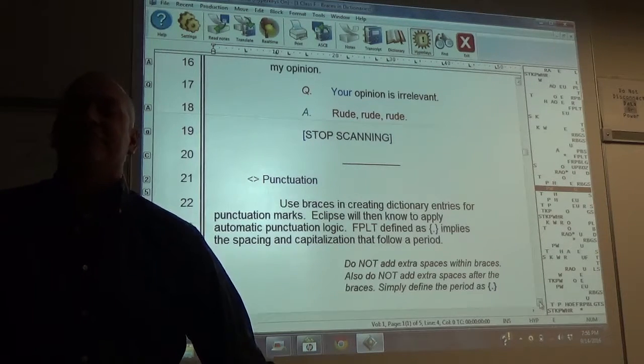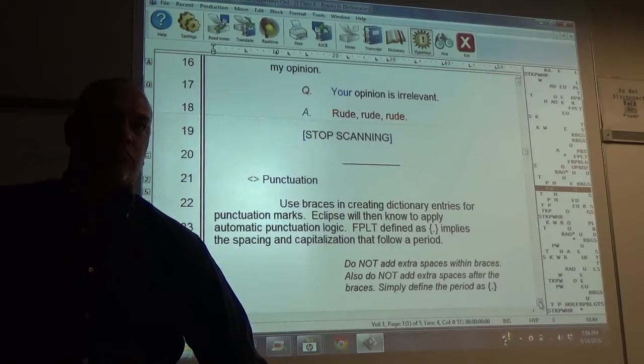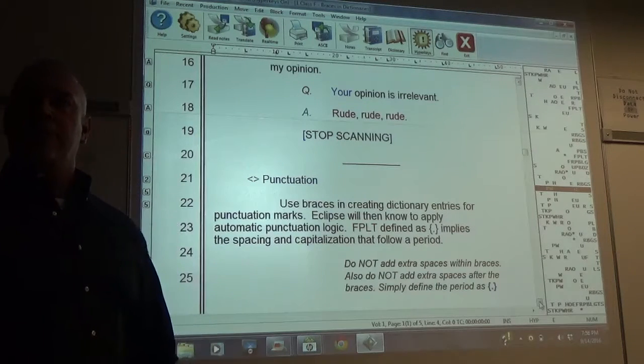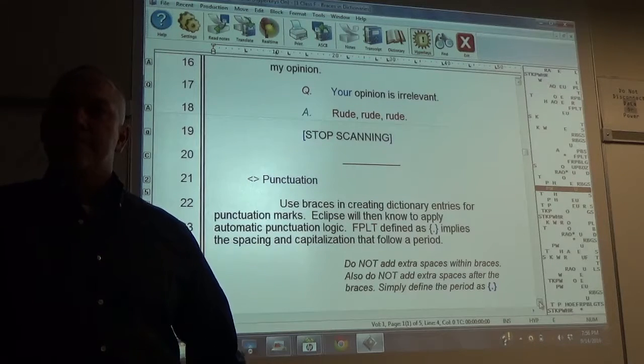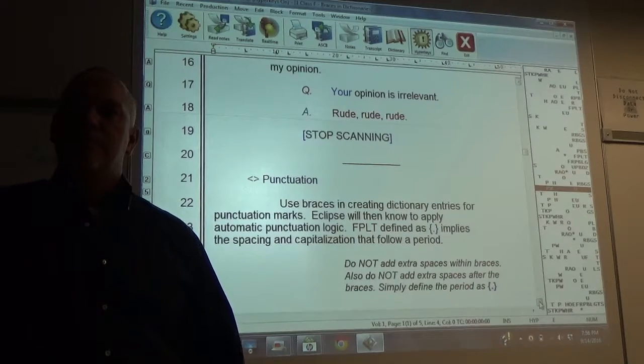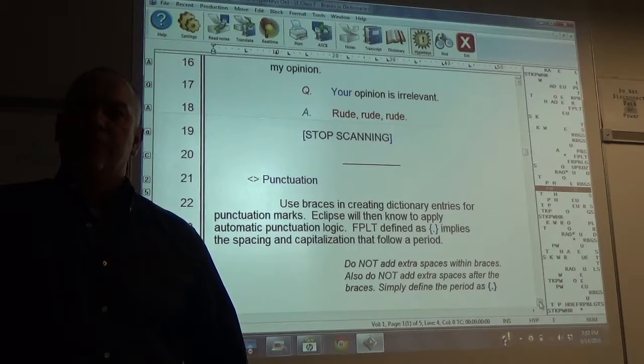So I know that we are in the global dialog box, and that is simply to define something that we want to input into our dictionary. And I understand that all these special symbols in these little brackets are part of the definition as we choose it to be.